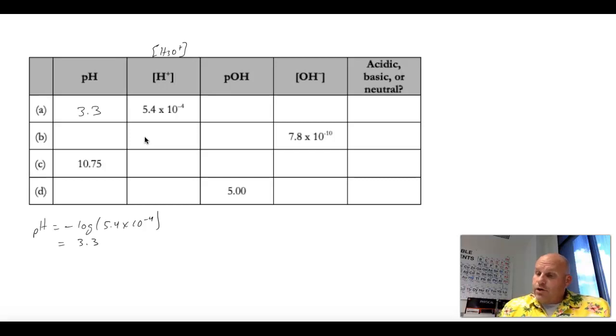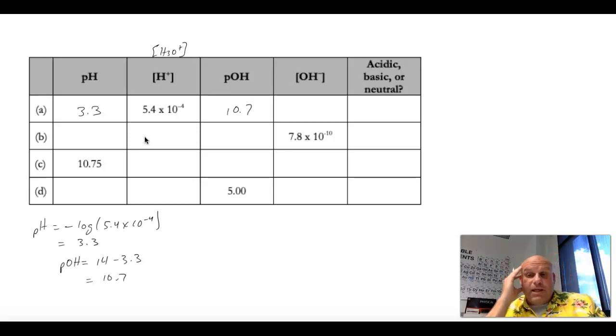All right, so now I could use the pOH would equal 14 minus 3.3, or 10.7. And now going the other way, it would be the inverse log. But remember, there's the negative sign in our formula there. So pH equals negative log of H+, and pOH equals negative log of OH-.